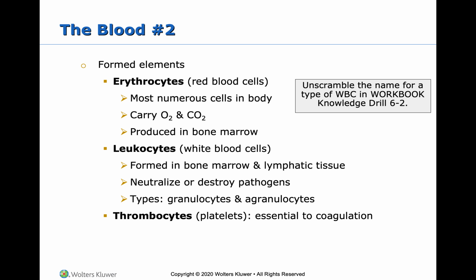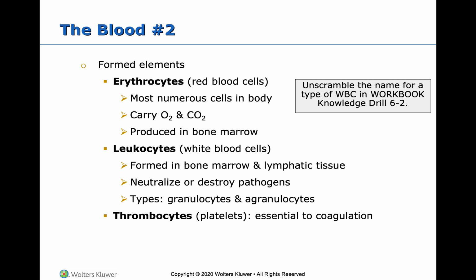Okay, so you've got your erythrocytes, your leukocytes, and now you've got your thrombocytes. Thrombocytes are a big word for your platelets, and your platelets are an essential part of the coagulation or clotting process. They are actually just cell fragments. They're not a full cell, they're fragments of a cell that are released by what's called a megakaryocyte in your bone marrow.